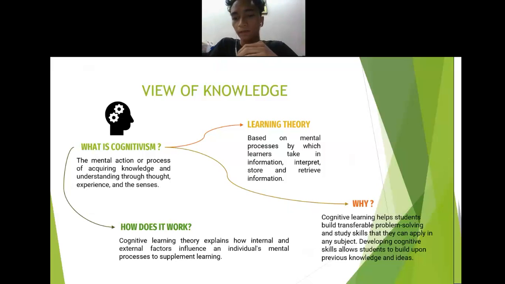cognitivism. Okay. So why do students need this learning theory? Cognitive learning helps students build transferable problem solving and study skills that they can apply in any subject, or in their daily life. Developing cognitive skills allows students to build upon previous knowledge and ideas. Okay, so I want to explain this.